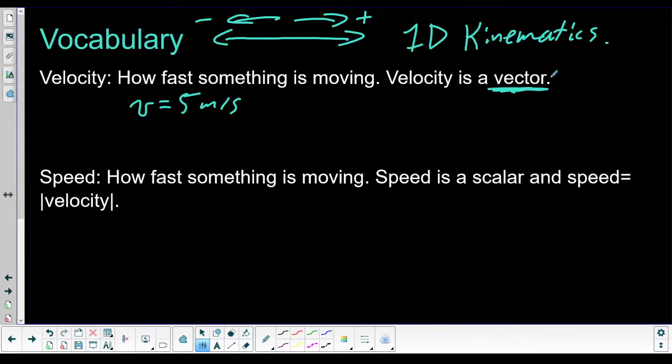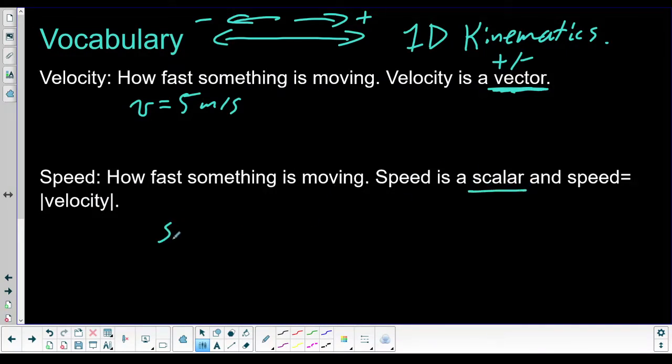So I understand in the last lesson that I made a big deal about you having to tell me a direction. We are now going to say positive and negative can indicate direction. That makes it difficult. When we talk about speed, which is how fast something's moving, speed is a scalar.